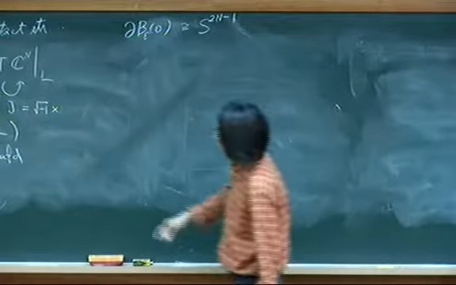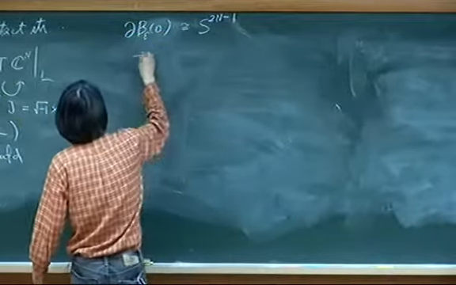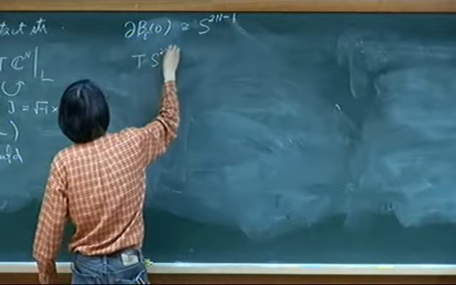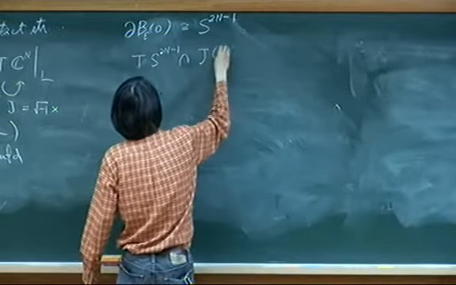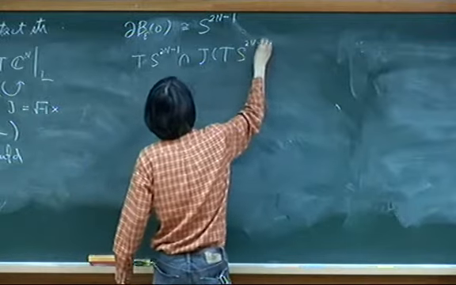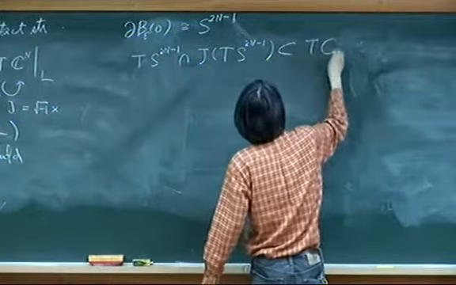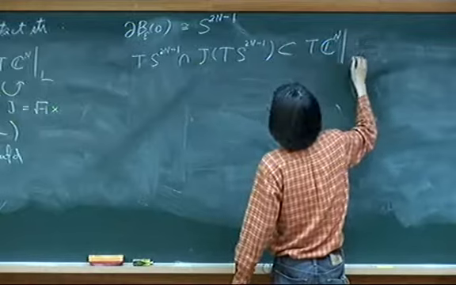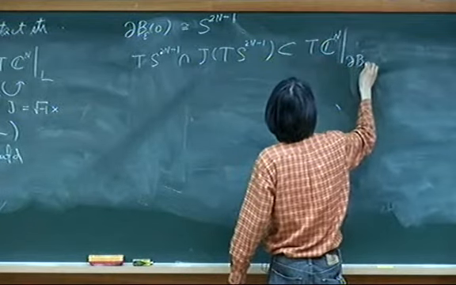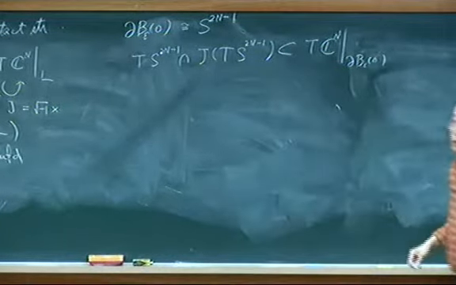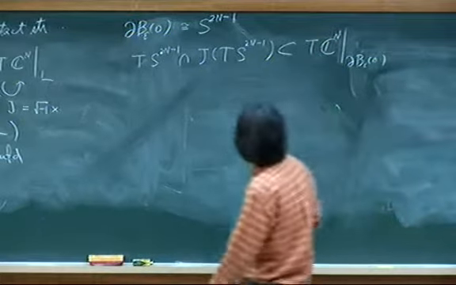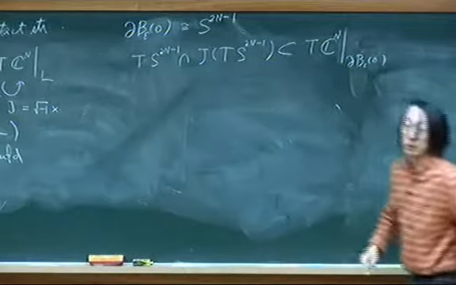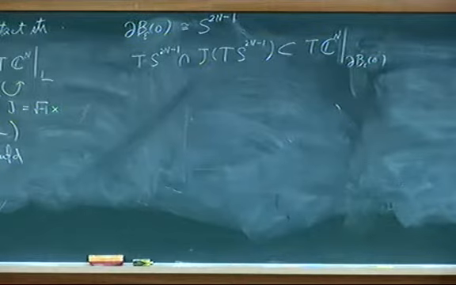And then we can also consider the same thing: TS^(2n-1) intersected with J, TS^(2n-1), inside of this C^n, the boundary. And so this one is actually the standard contact structure on the sphere.